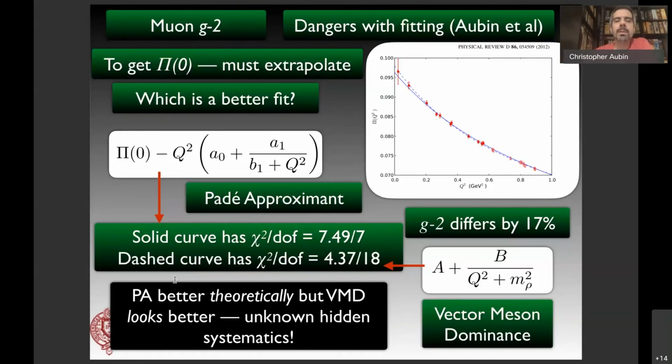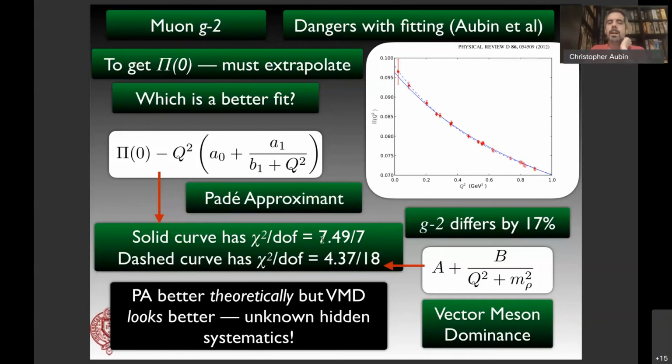However, the dashed curve is uncorrelated. It doesn't use any of the correlations between the different data points here that we would expect to exist. The solid curve does. Also, the Padé, and if you look up this paper, you can read, has, because of the analytic structure of the function we're trying to fit, a better theoretical justification, so it's more trustworthy.